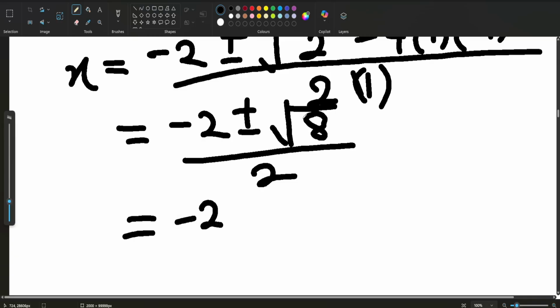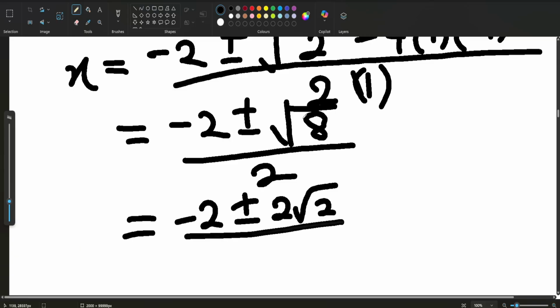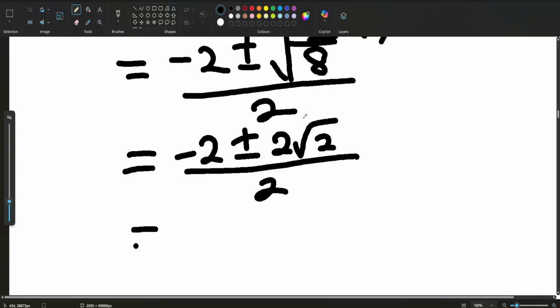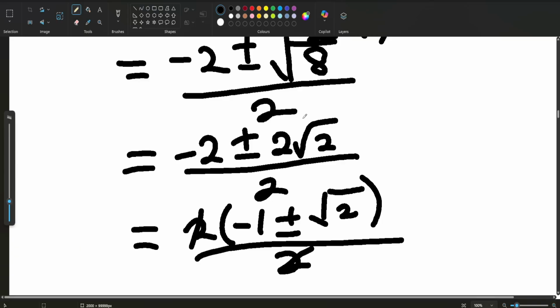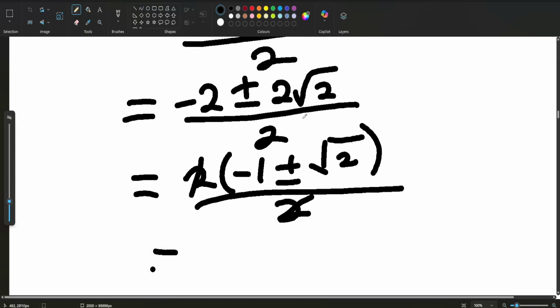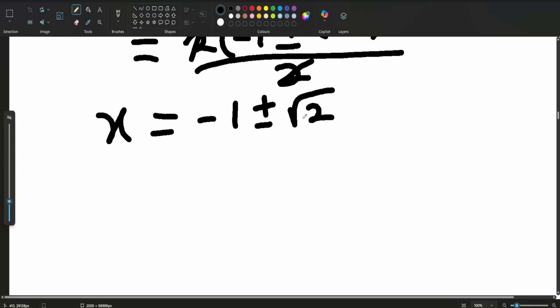So it's minus 2 plus or minus 2 root 2, all over 2. And 2 is common, so we bring that 2 out, so this becomes minus 1 plus or minus the square root of 2 all over 2. This 2 cancels that 2, and we're left with minus 1 plus or minus the square root of 2. So this is the value of x here.